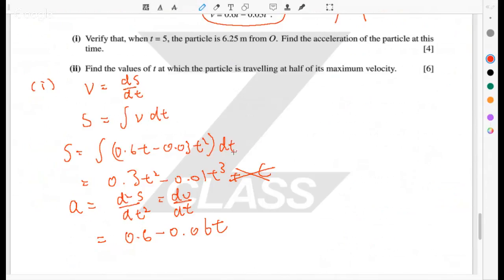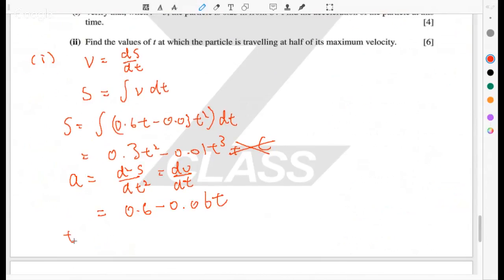So let's just plug in some numbers. When t equals 5, the displacement s of 5 will be equal to 6.25, the same as the question.